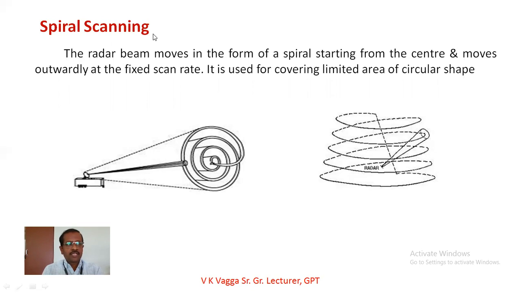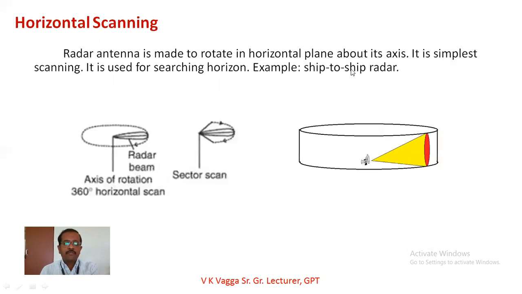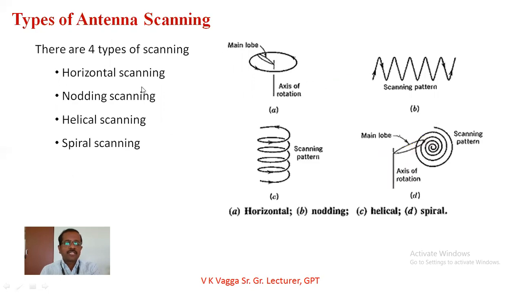Understood? So again I am going to repeat in brief. In the horizontal scanning, it is going to rotate in the horizontal direction only. But in the nodding case, it is going to slightly rotate in the vertical elevation, and afterwards move slowly in the horizontal direction.